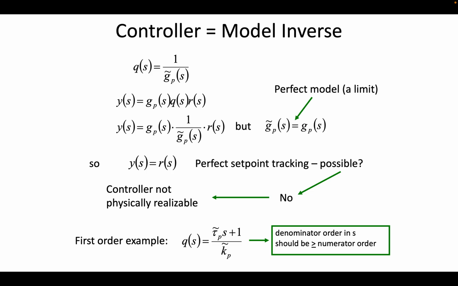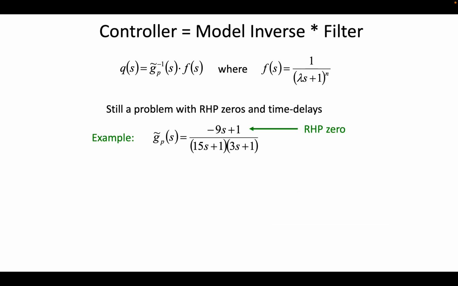Well, in reality, this is not possible, because that controller is not physically realizable. If we take the first order example, where Q then is the inverse of a first order model, that means you've got a higher order numerator than denominator. It's first order in S divided by 0 order in S, and that actually is not physically realizable.